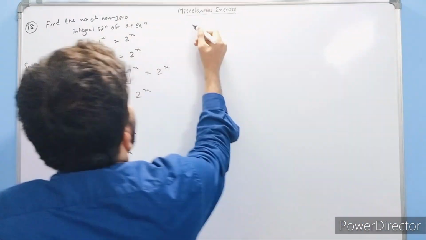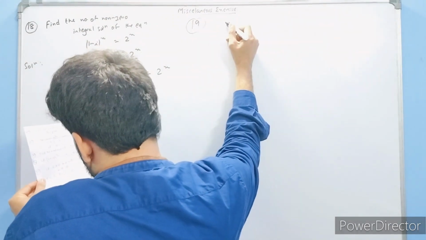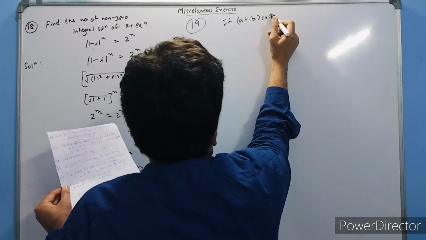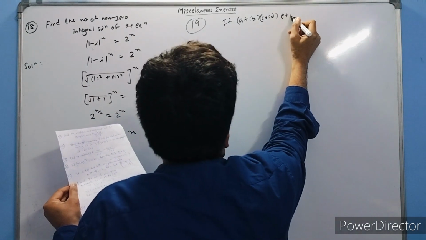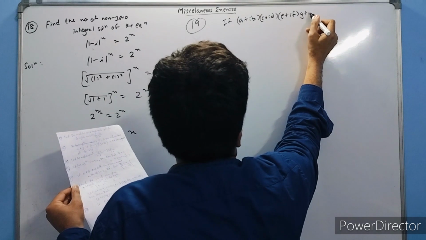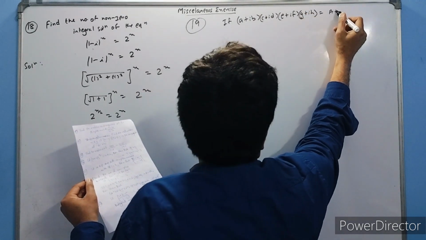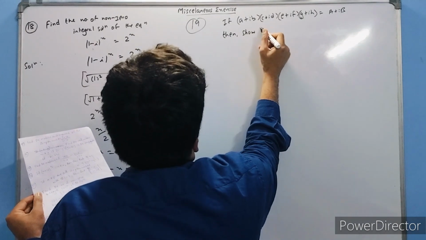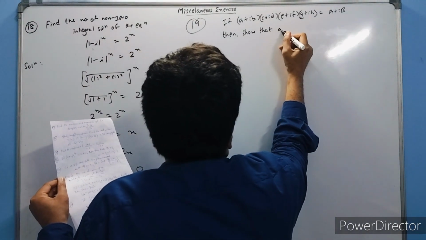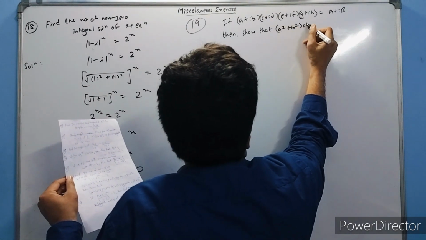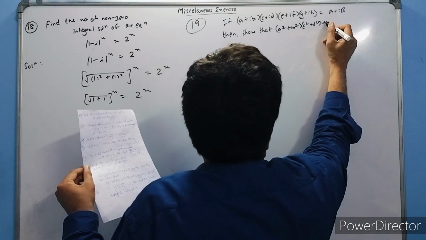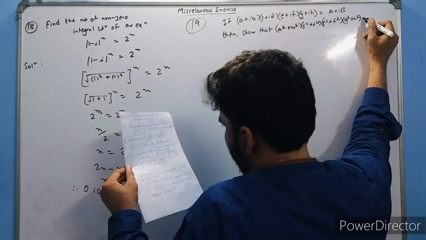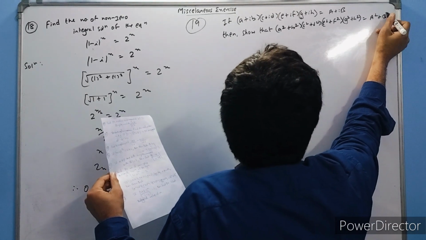What does the 19th question say? It says, if (a + ib)(c + id)(e + if)(g + ih) = A + iB, then show that (a² + b²)(c² + d²)(e² + f²)(g² + h²) = A² + B².